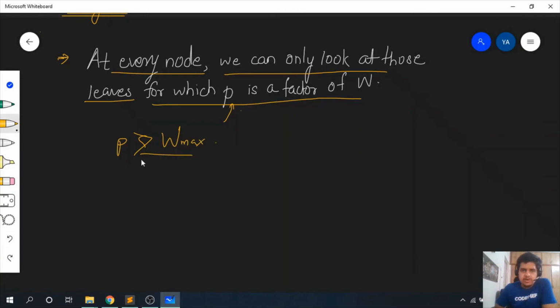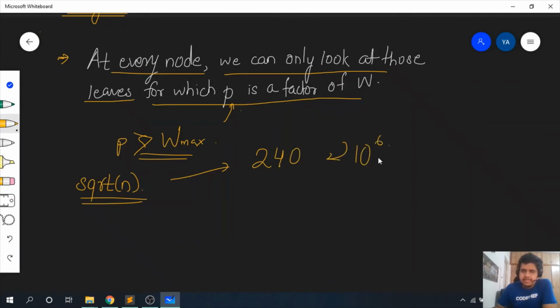So now, what is the maximum number of factors for W? Our first impression will be that the maximum number of factors is square root n, but this is not the answer. The maximum number of factors for W max will be 240. Why? Because W is 10^6.